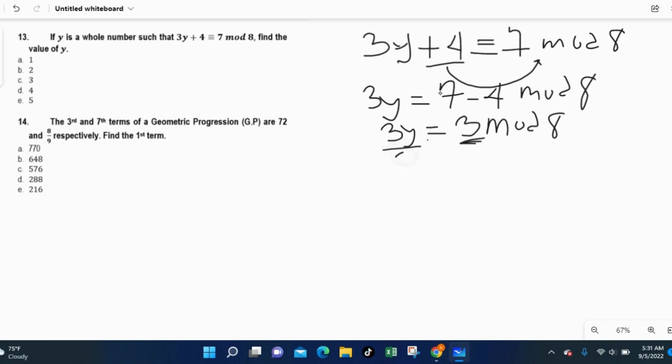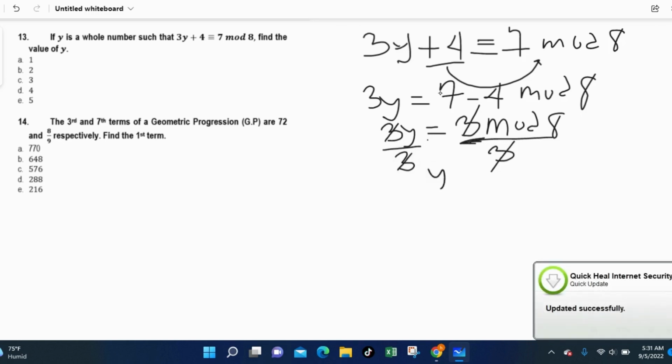If we divide the whole equation by 3, 3 will cancel 3, and 3 divided by 3 gives us 1. So that will give us 1 mod 8.